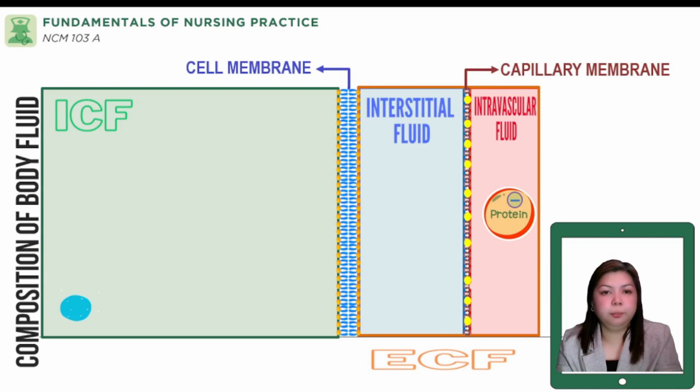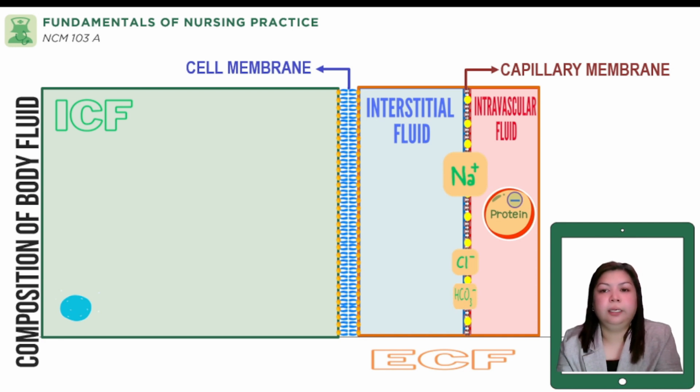So the composition of the interstitial fluid and the intravascular fluid is quite similar, making the predominant cation in the ECF sodium, and the predominant anions chloride and bicarbonate.